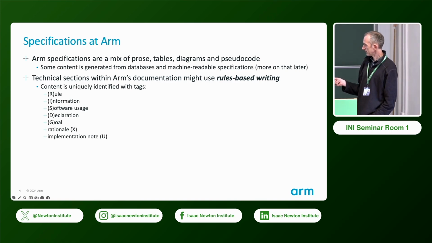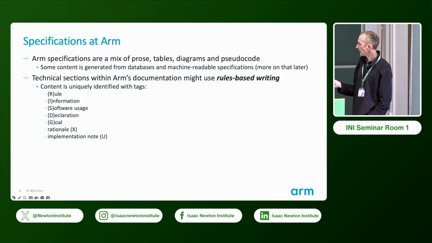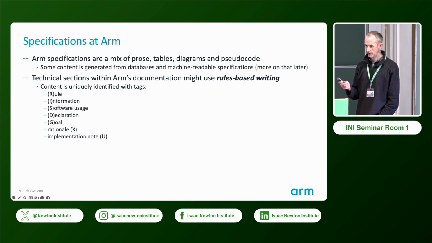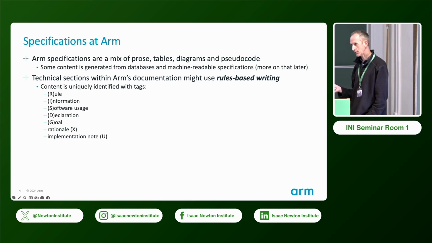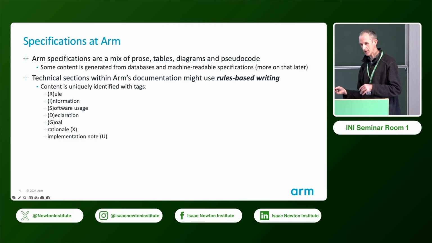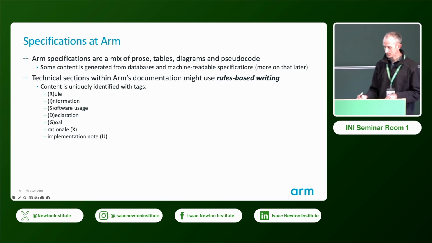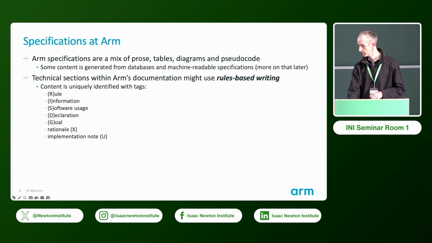The important ones being mostly declarations and rules, and some of it is just additional information or background as to usage of a certain feature. And these things are then identified with a unique tag so that if someone is commenting on the architecture or discussing the architecture, you can uniquely identify where it lies within a document. So this is quite a useful feature.